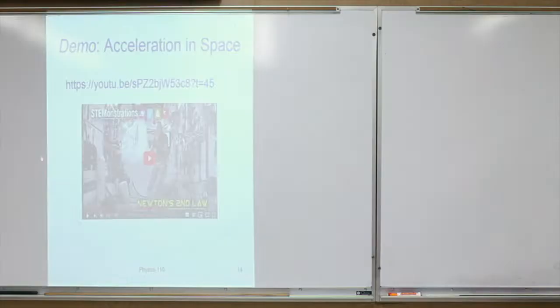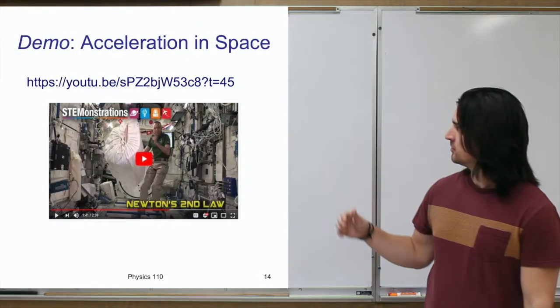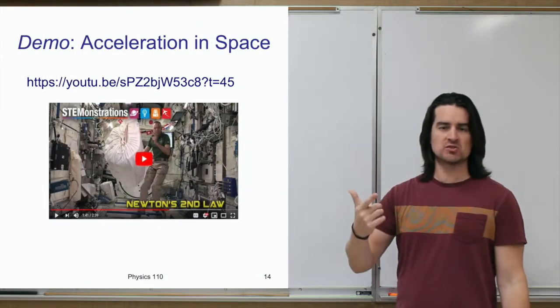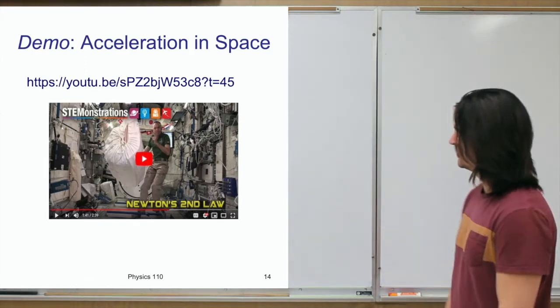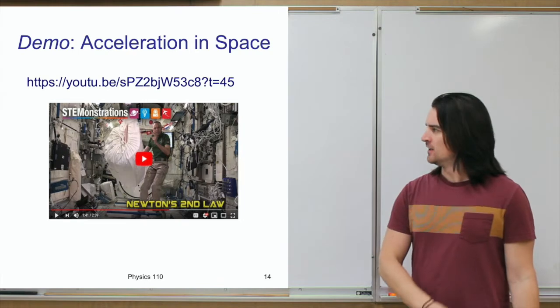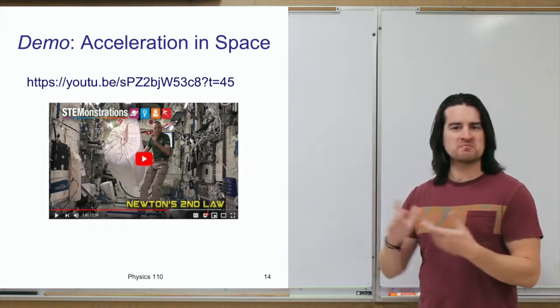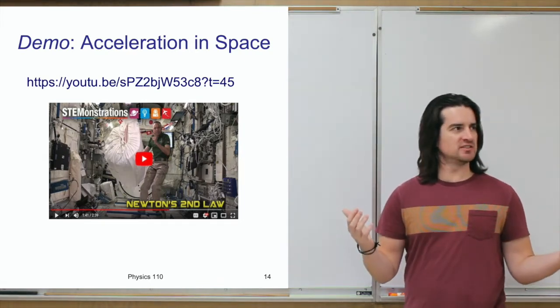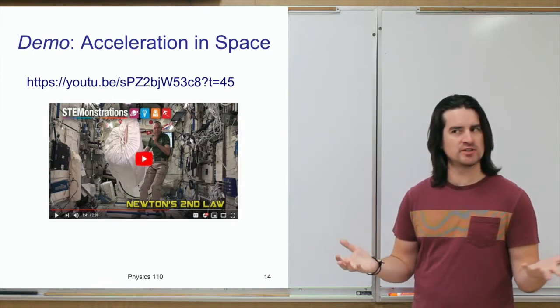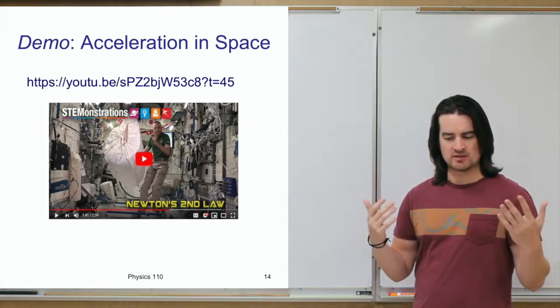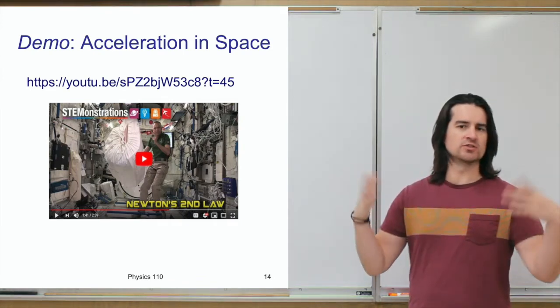Cool. So let's see some demonstrations of Newton's second law in action here. As it turns out, a lot of these ideas are, as I pointed out before, sort of ideal situations.